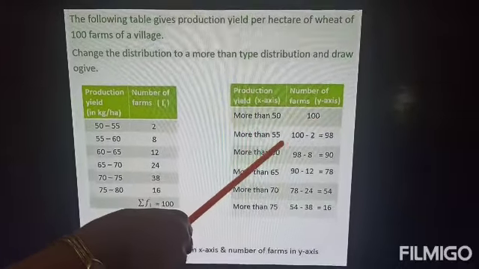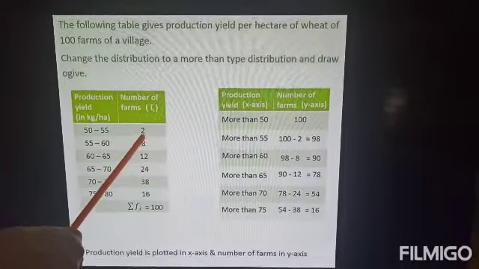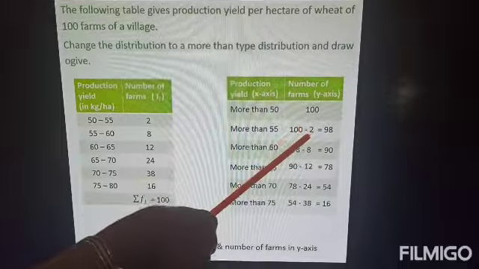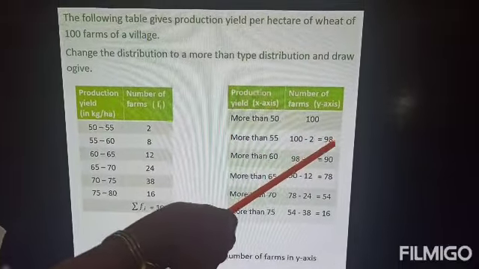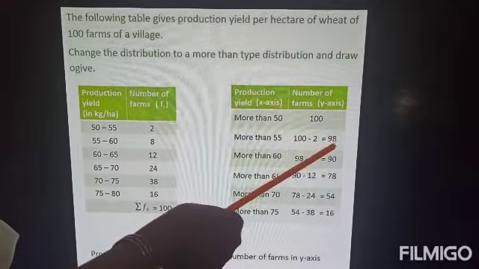Then more than 55, I have to subtract the first frequency given here, 2, from the total frequency. 100 minus 2 will get 98.